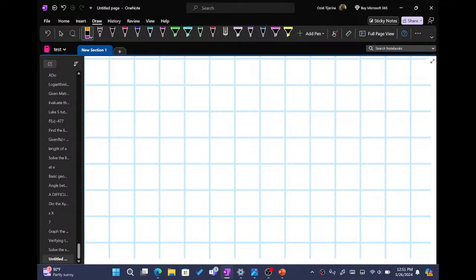It says to find the area of each composite figure. So find the area. It's composite slash compound figures. So just letting y'all know.